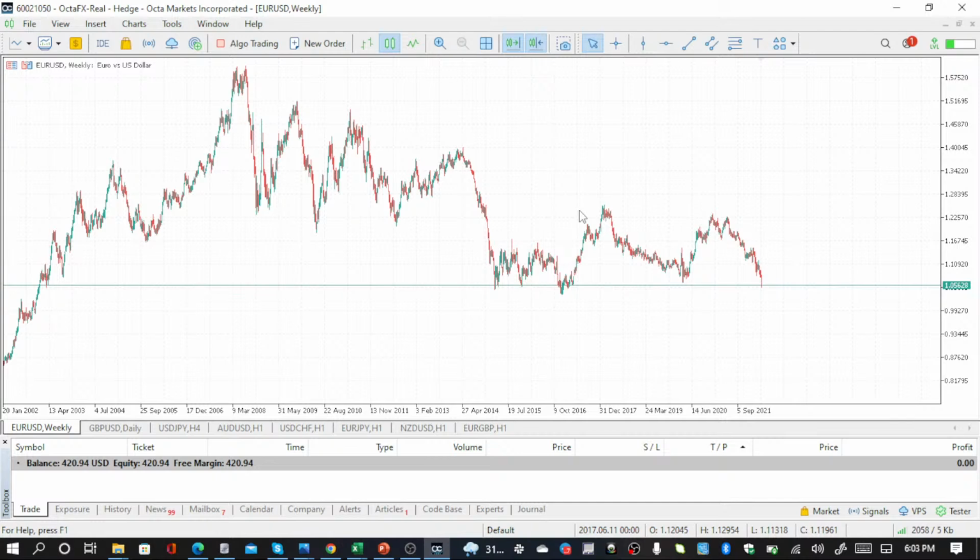What level is the price currently trading at? Is the price trading at a resistance level, or at a support level, or is the price currently ranging?